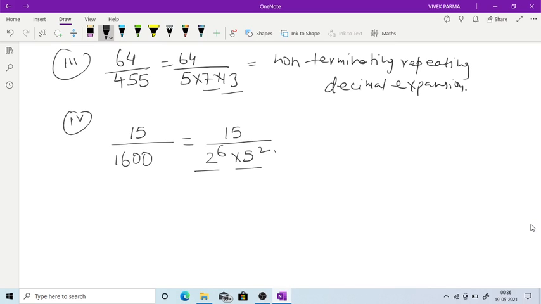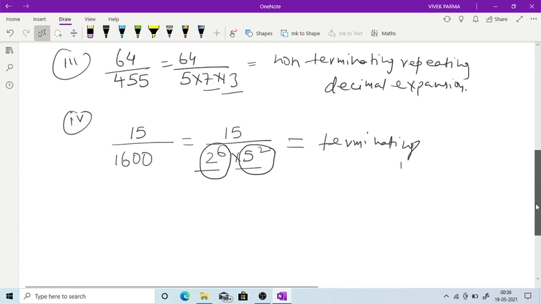See here, the factors of this 1600 are 2 and 5, right? So the decimal expansion will be terminating, right?